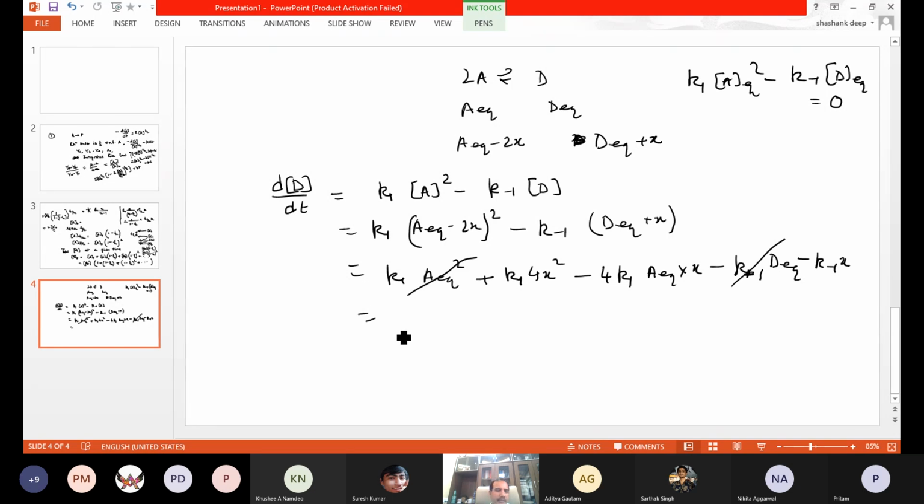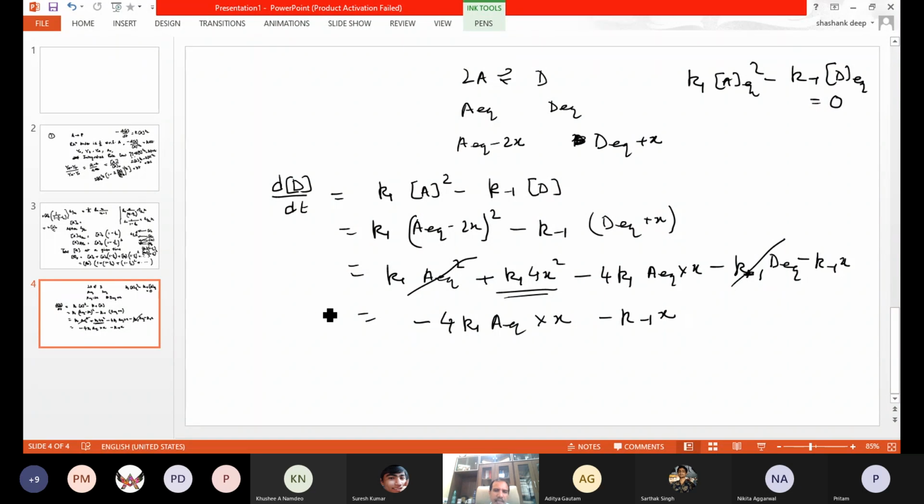So what is left is 4 k1, okay. So this x square, x is very small, so this x square can also be neglected. So what is left is 4 k1 A equilibrium into x, then minus k minus 1 into x.